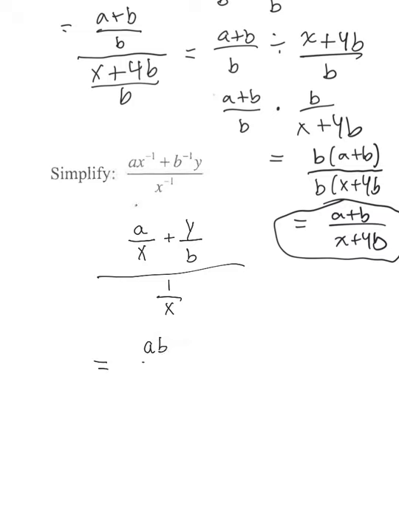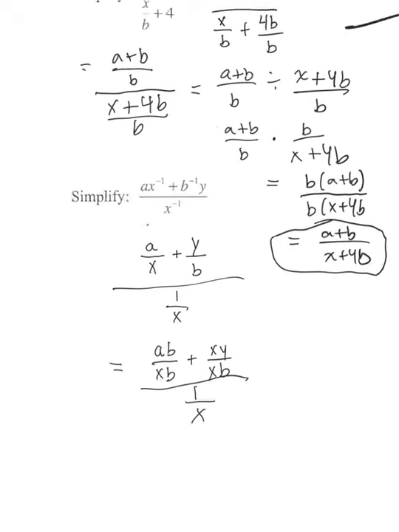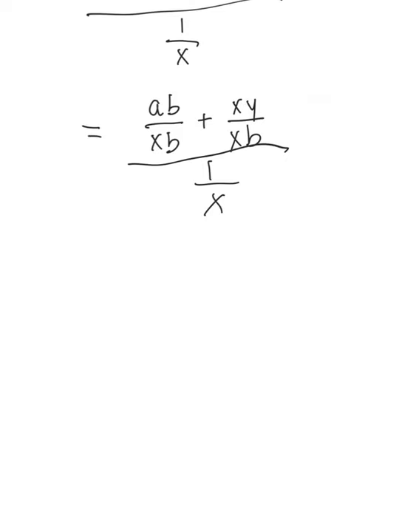So ab over xb plus xy over xb, all over 1 over x. That allows me to add the two fractions at the top. That's still over 1 over x.